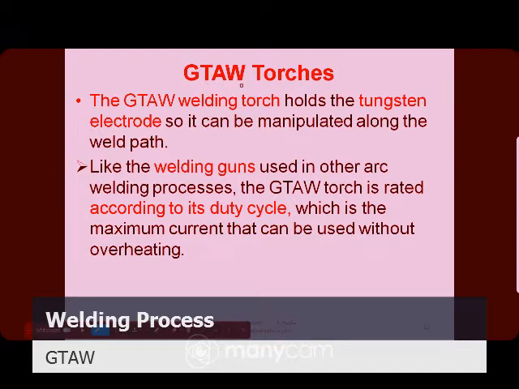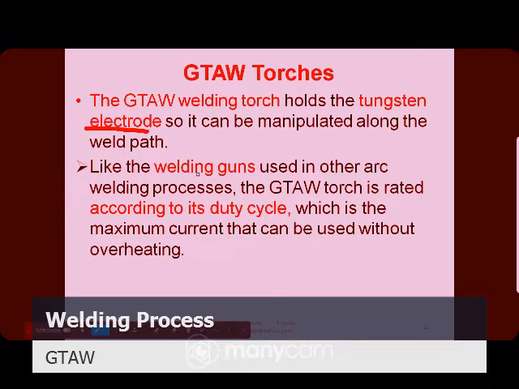So the gas tungsten arc welding torch, as we already discussed, holds the tungsten electrode, used for holding the tungsten electrode so it can be manipulated along the welding path. The tungsten electrode generates the arc between the tip of the electrode and the base metal, so it is important to manipulate the torch along the welding path.